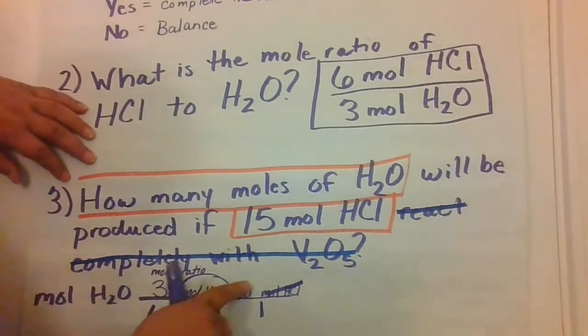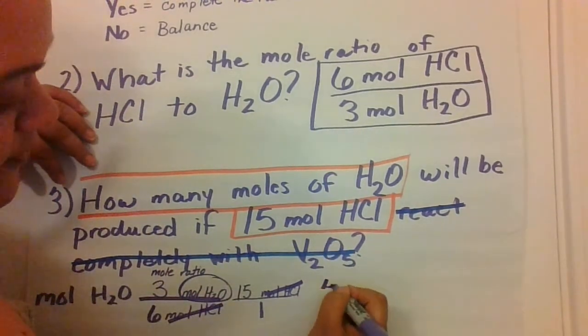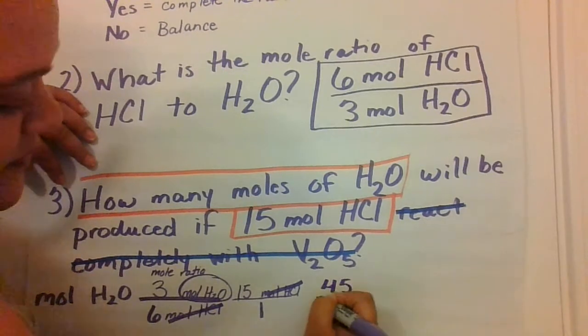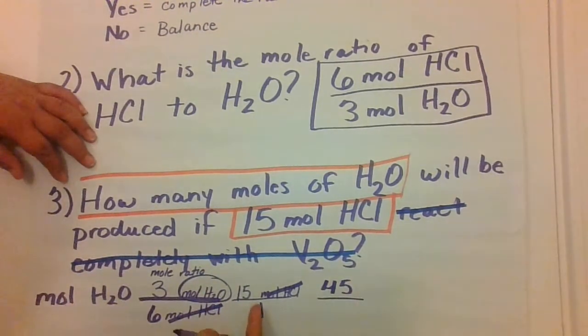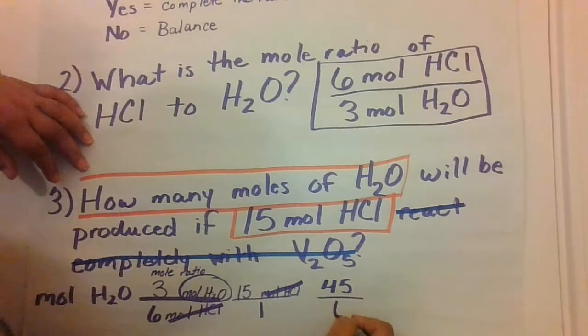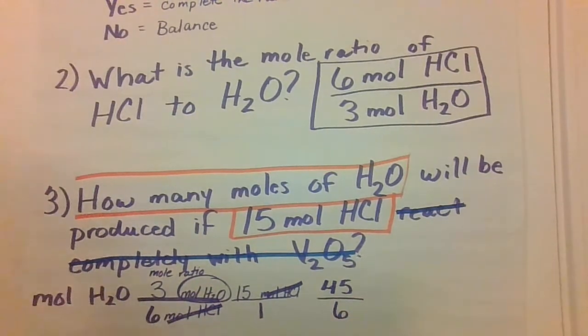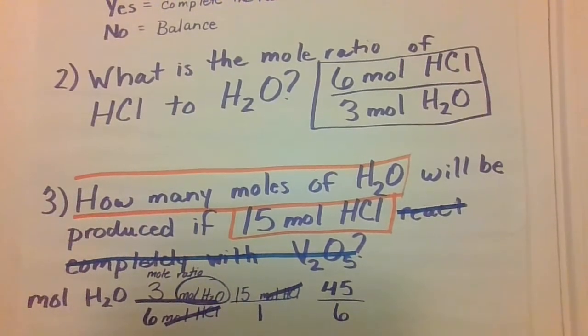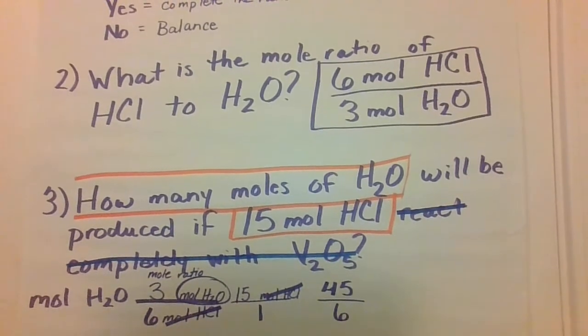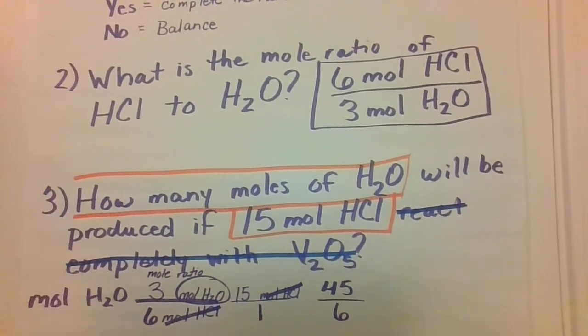Multiplying out, 3 times 15 is going to give us 45. 6 times 1 is going to be 6. So now we are down to a simple division problem of 45 divided by 6.